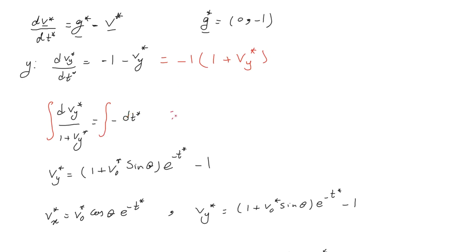So we have this integral dy star over 1 plus y star, and this is equal to the natural logarithm of 1 plus y star, right? And so we want to start from the bounds, y of 0 star, and then y star.